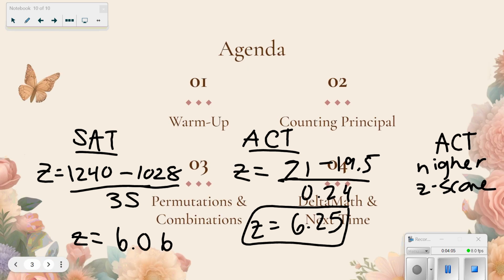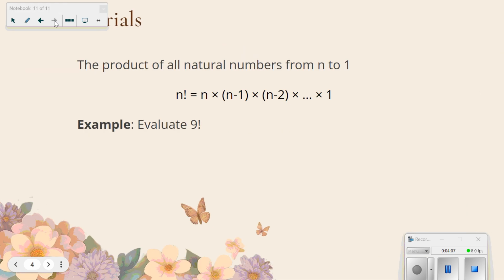So let's get started, and we're going to first talk about factorials. If you've ever seen something in math that looks like an exclamation point, that's a factorial. So 9 factorial is as simple as 9 exclamation point. You're not just really excited about the number 9.